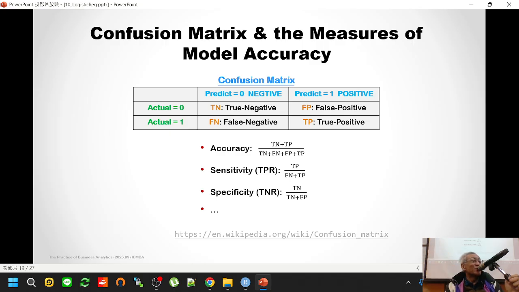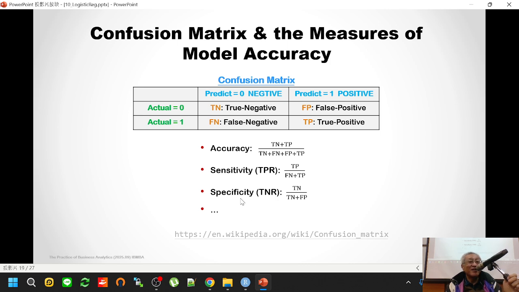So sensibility is, given it's actually 1, the ratio that we can predict it as positive. That is called sensibility.